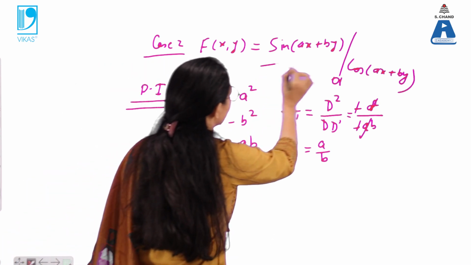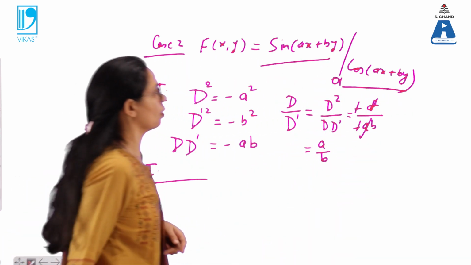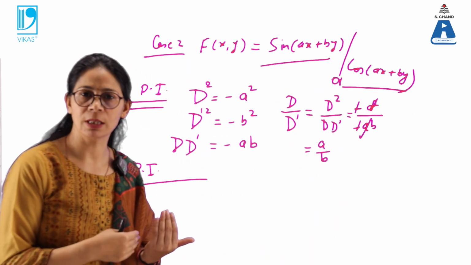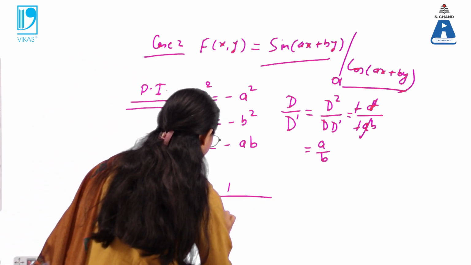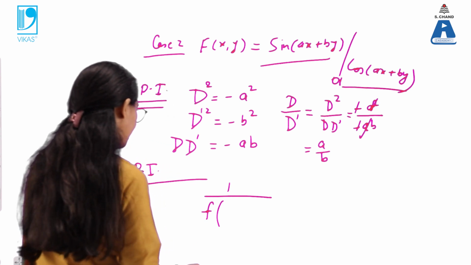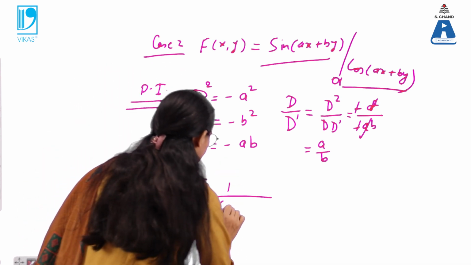In both cases, whenever it is either sine or cos, it will be written similarly. So it will be written as f of D, D dash.